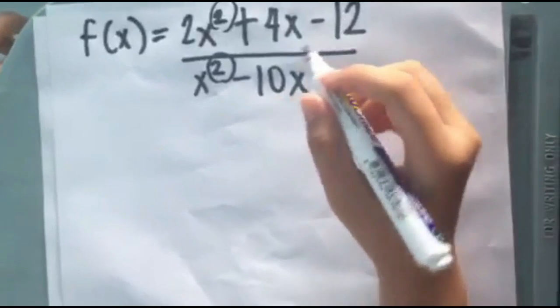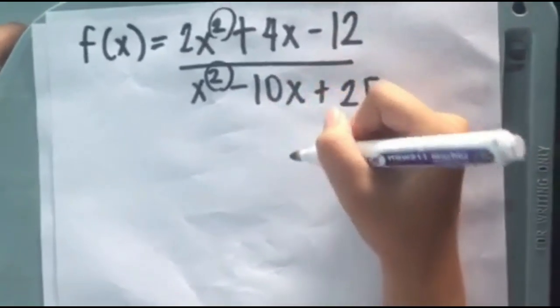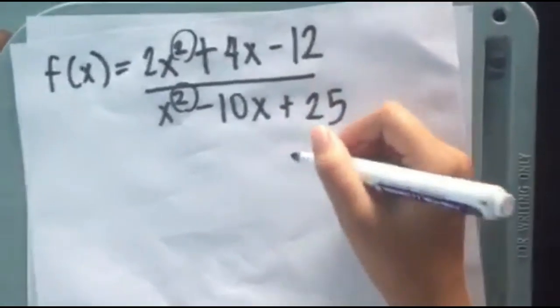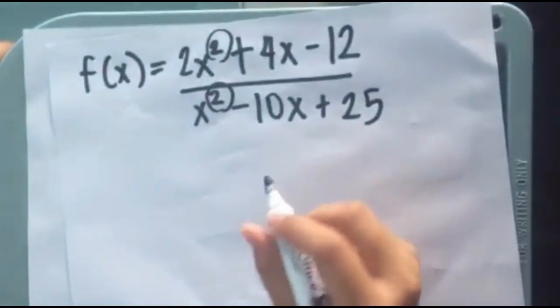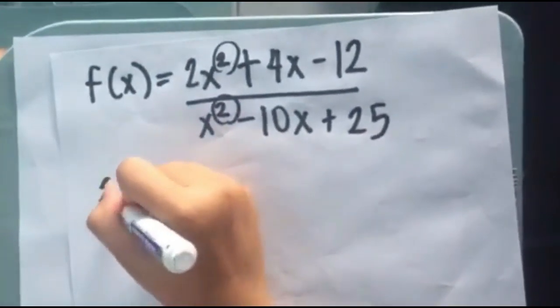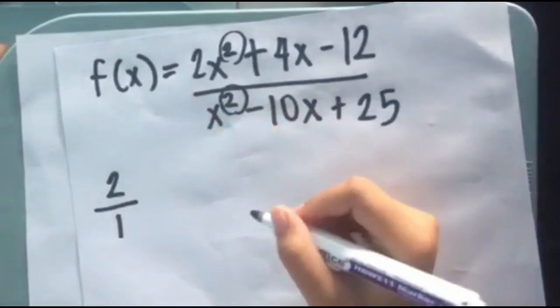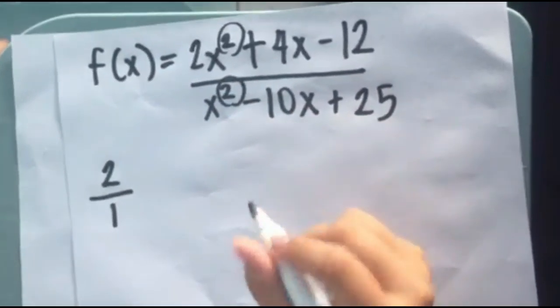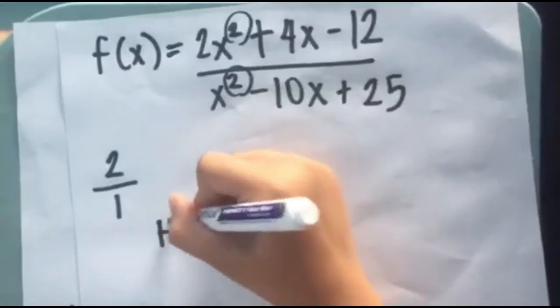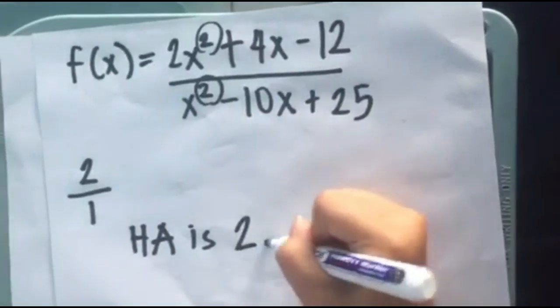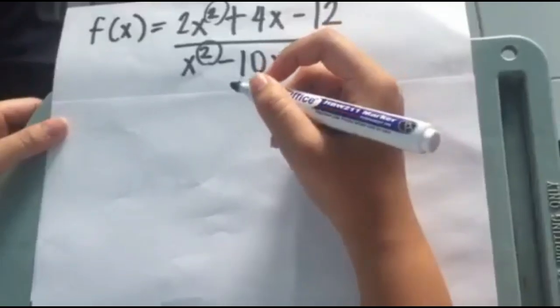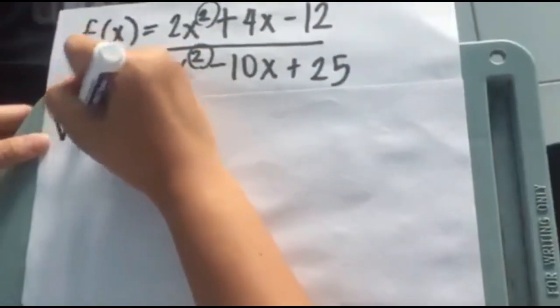To find the horizontal asymptote in this rational function, get the leading coefficients of the numerator and denominator. So we have 2 over 1. Then simplify, so our horizontal asymptote is 2.